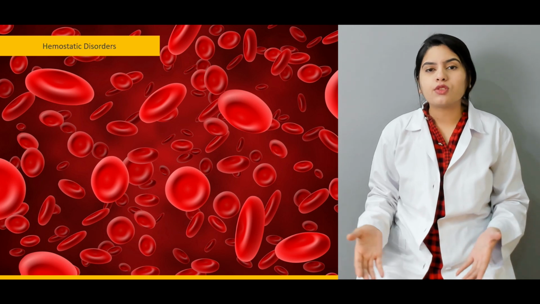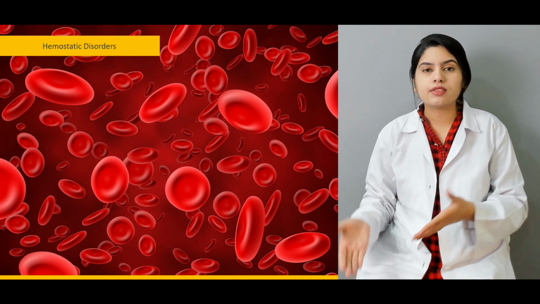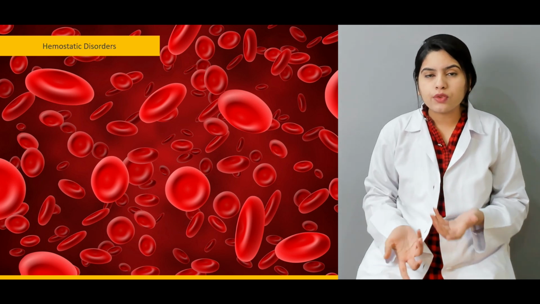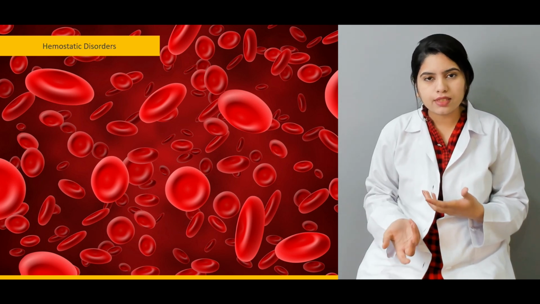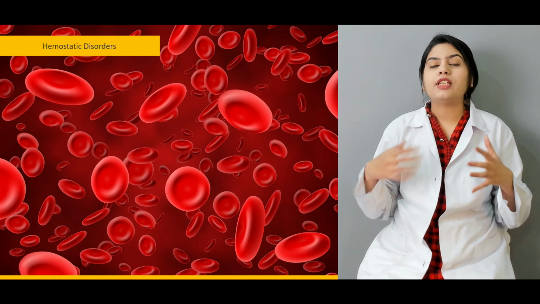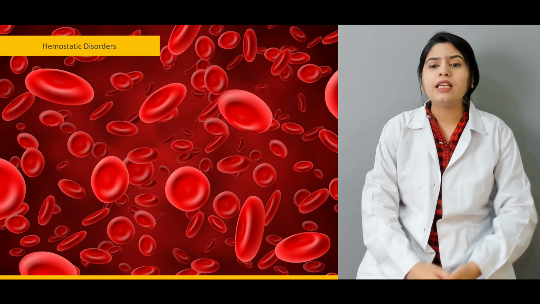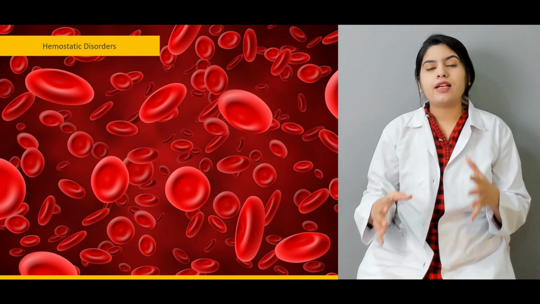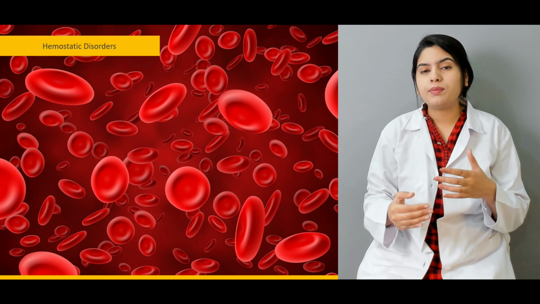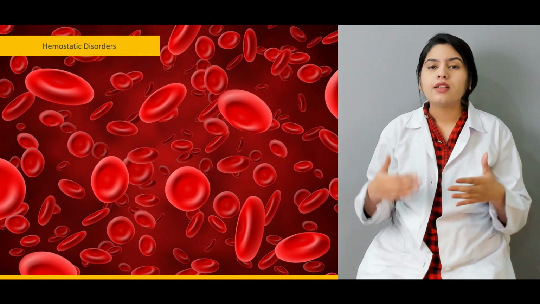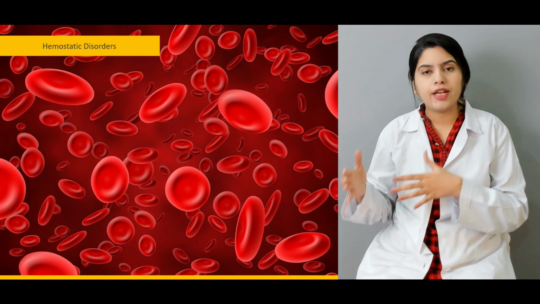So hemostatic disorders are basically bleeding disorders that are due to the overactivation of the anticoagulant factors, or due to some genetic defect in the procoagulant factors. So this whole process responsible for activation of the platelet and the formation of the fibrin clot is affected, and that will lead to bleeding or hemorrhages.